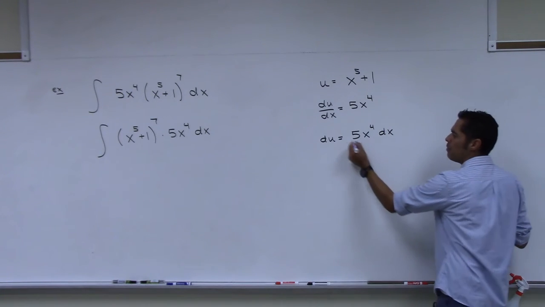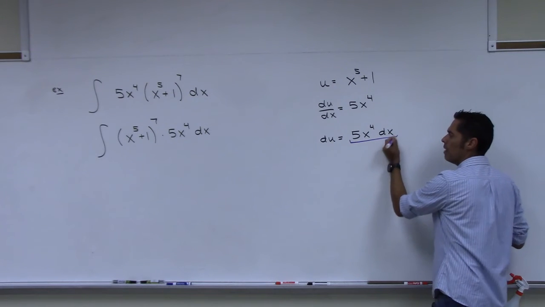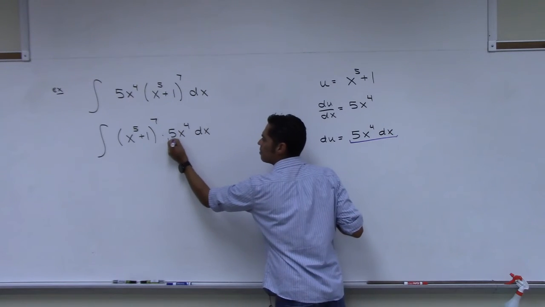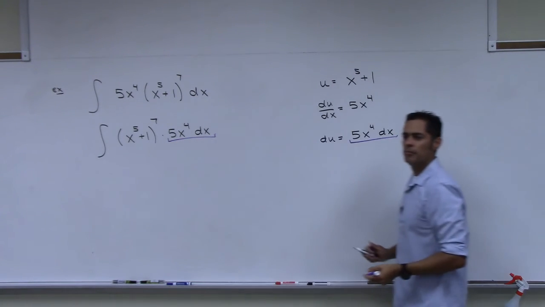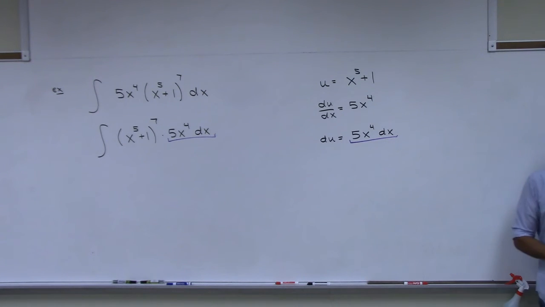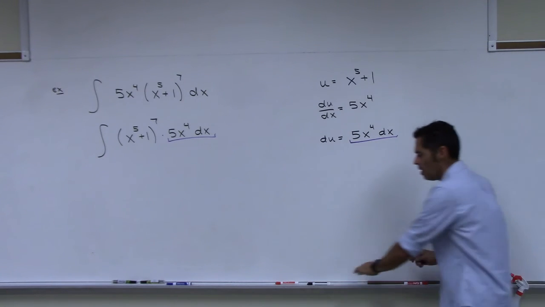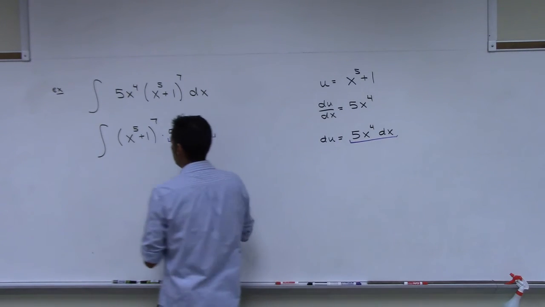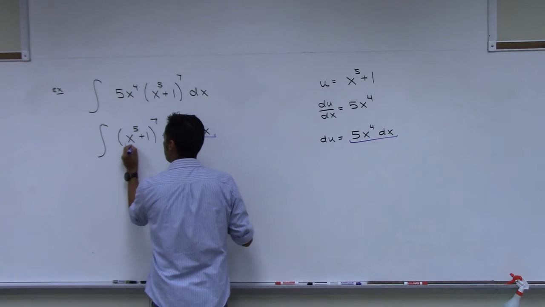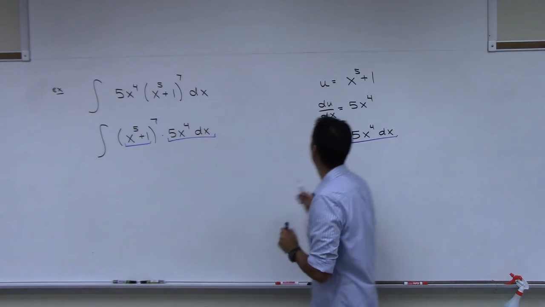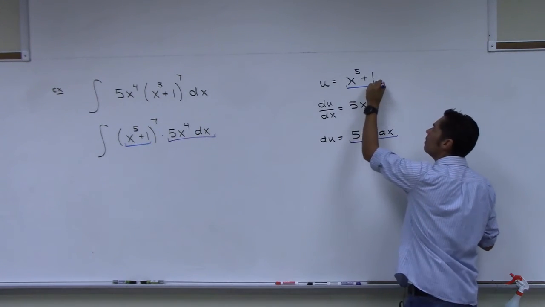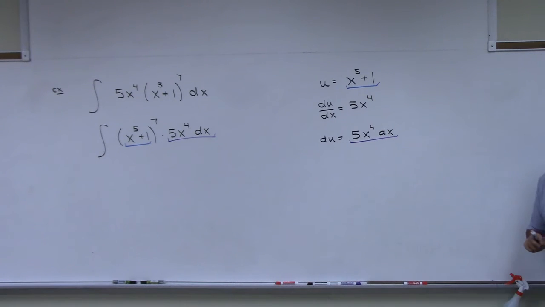This 5x to the fourth dx, that whole thing in purple, is going to be replaced with what? du, right? And then this piece right here, x to the fifth plus 1, is going to be replaced with u.